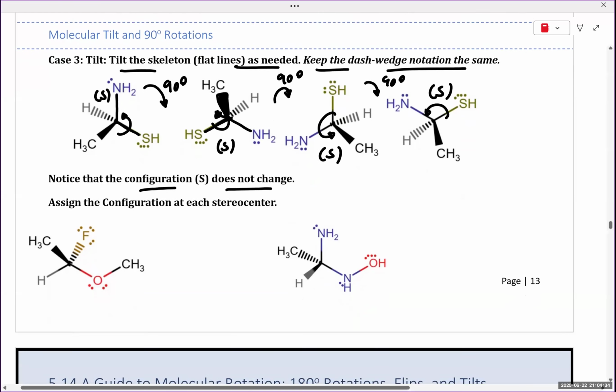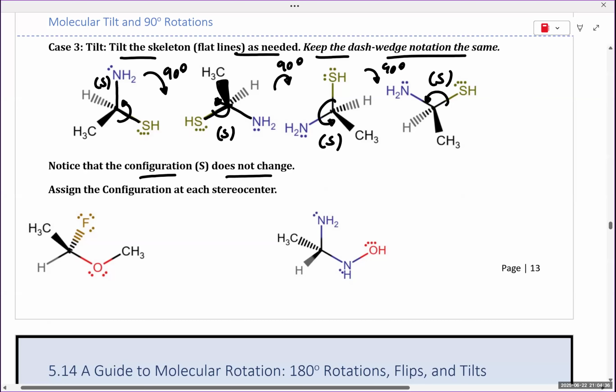So, to this end, let's try to assign the configuration at each stereocenter. In this case, you may need to apply a range of different methods in order to get your lowest priority group in the back. I'll do the first example and you'll do the next example. So in this case, in terms of priority, fluorine's priority 1, oxygen priority 2, carbon priority 3, hydrogen priority 4.